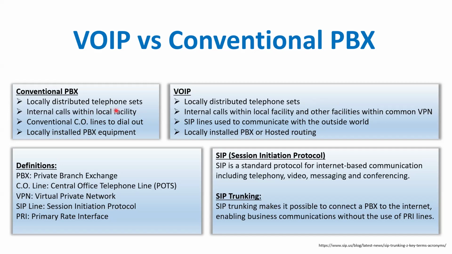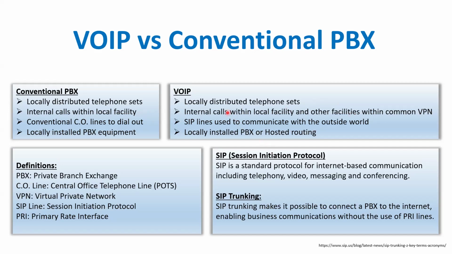But if you want to call the same company's plant in another city, then yes, you have to select an outside line, a CO line, and select long distance, because city to city is long distance. If you want to call a facility that belongs to you but is a different building in China, there will be international long distance calls.